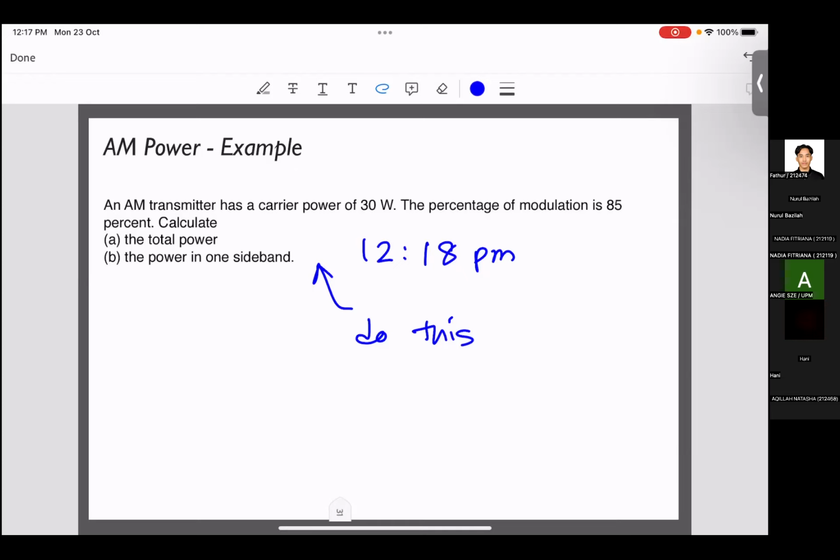Okay, 1 more minute. If you're sleeping, wake up. If you haven't done the exercise, do it.